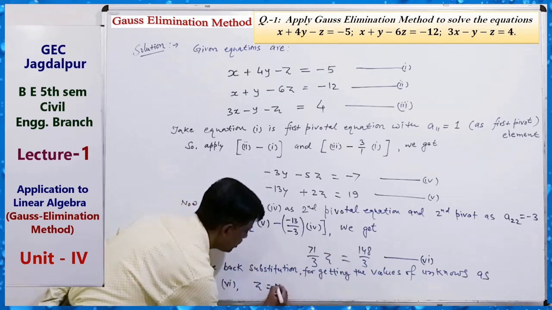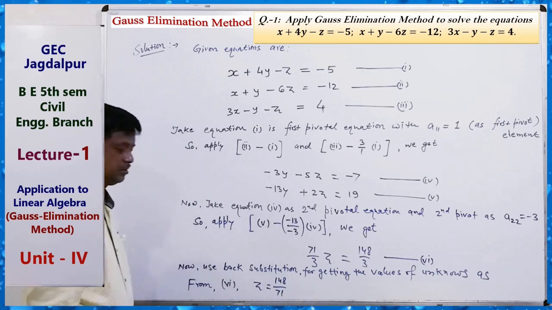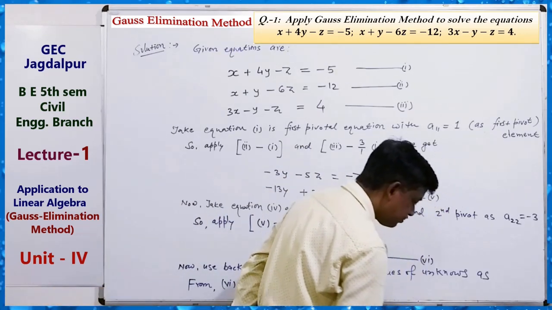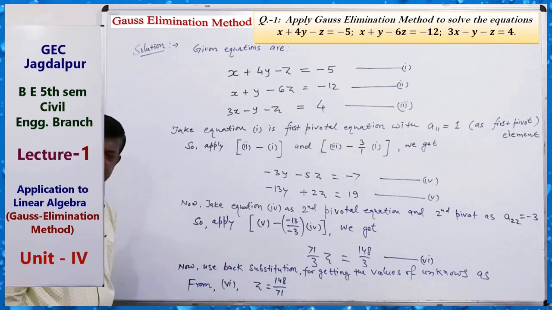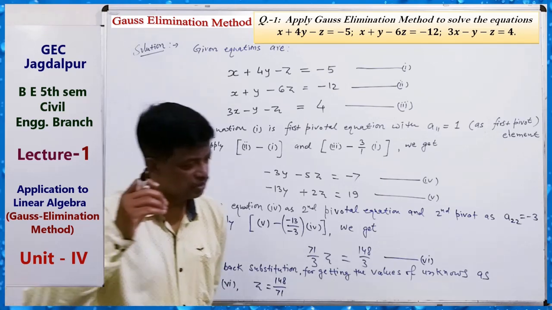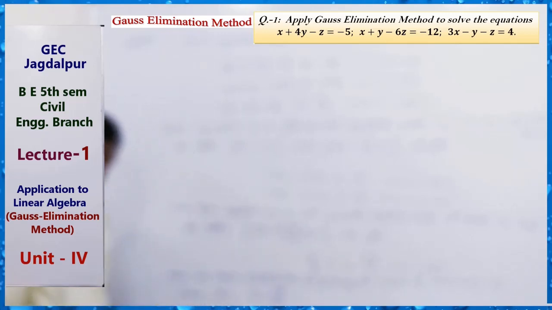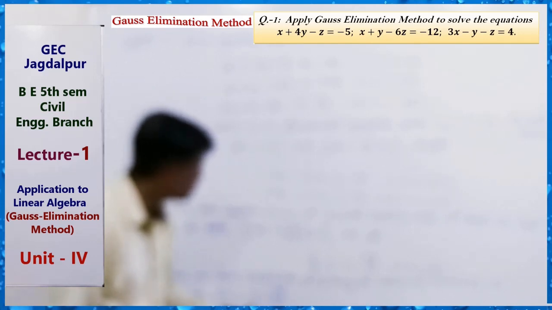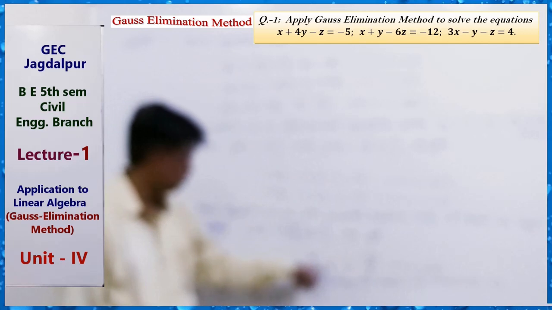Clear? So you could get its value by using a calculator. When this is a numerical solution, you always require a calculator. Okay, so you can get the value of z like this. Now, by putting this value of z in this equation, because it converted to this, no?